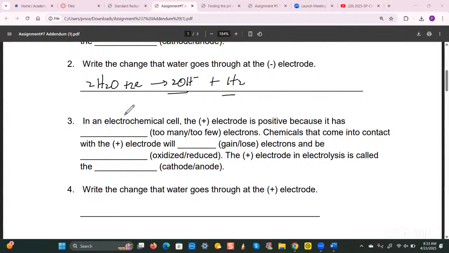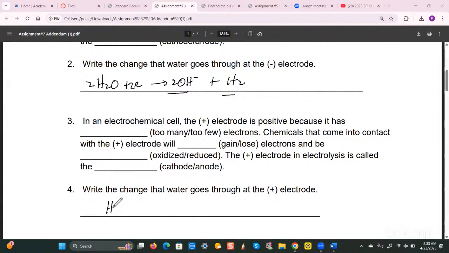And then number 3 says, in an electrochemical cell, the positive electrode is positive because it has too few electrons. The chemicals that come into contact with that electrode will lose electrons and be oxidized. And the positive electrode in electrolysis is called the anode. And the question is asking, write the change that water undergoes at the anode.